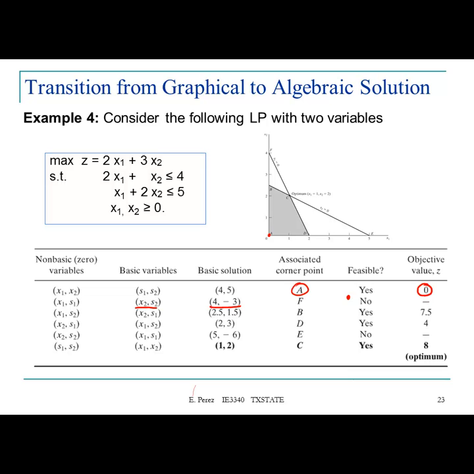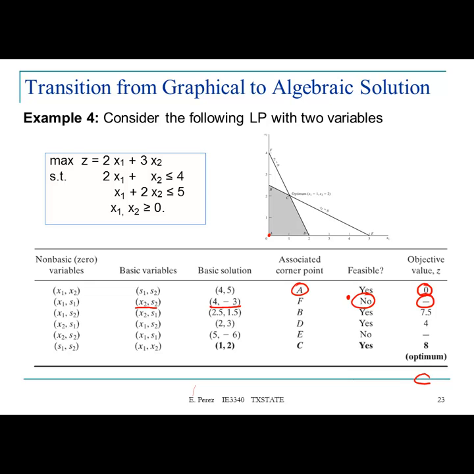It is 4, minus 3, so it's in this quadrant of the graph. So this point is outside the feasible region based on your constraints. So what happened? Even though you're following this strategy, you will sometimes get values that are not feasible. So is this point feasible? No. So you have no objective value.